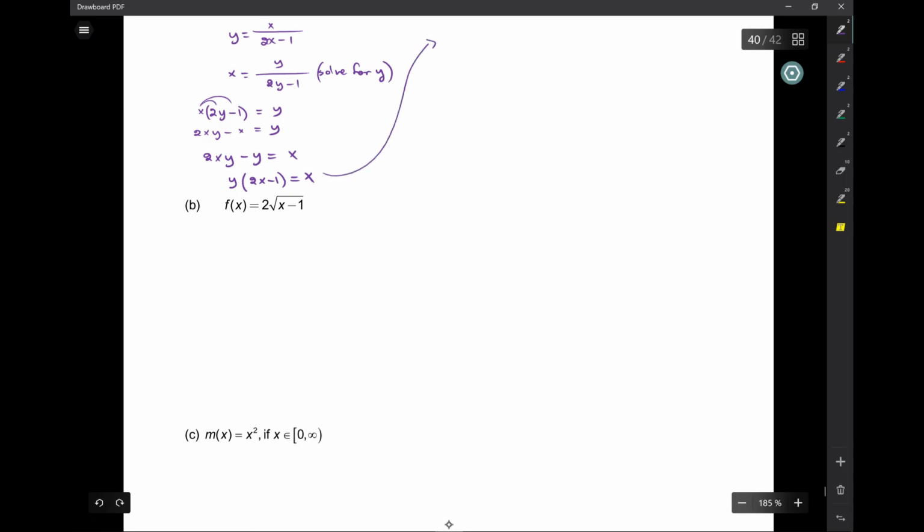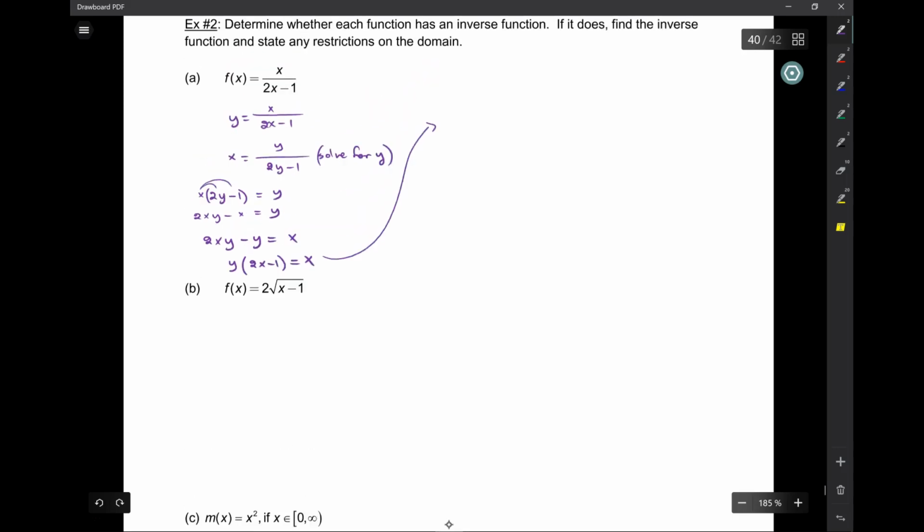And if I come up here, divide by the parenthesis, so y equals x over 2x minus 1. Okay, that is the same thing. So first of all, we're going to relabel this as f inverse of x.